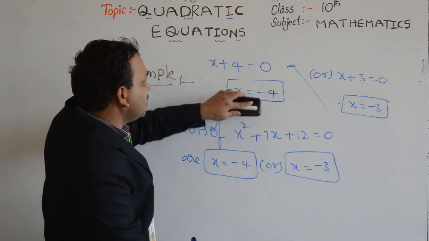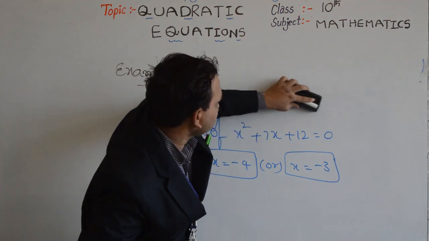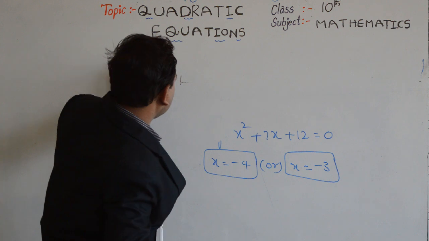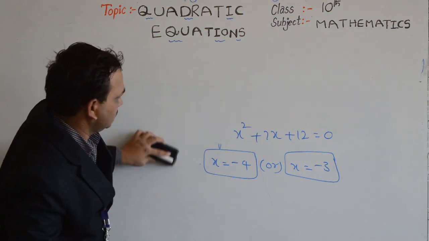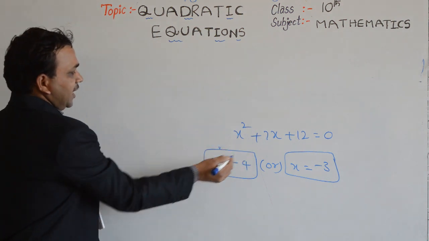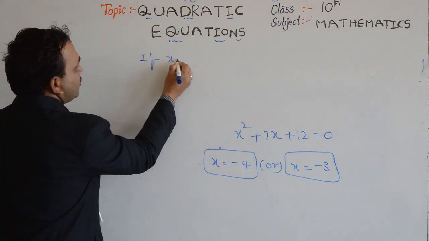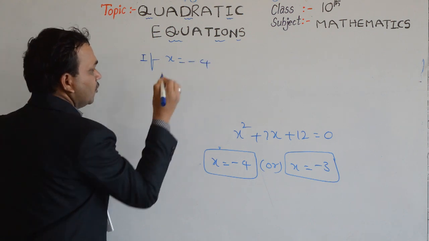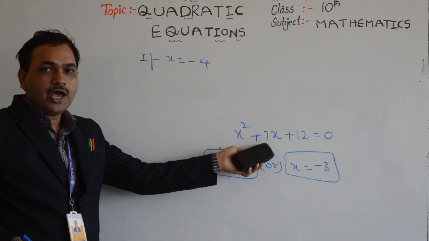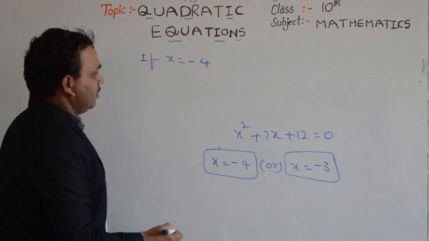First, if x is equal to minus 4, this one root value is substituted in the given quadratic equation.